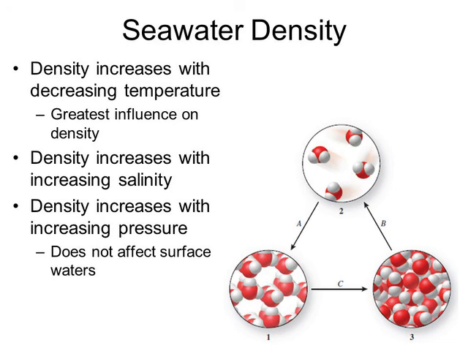And then you can also increase density by increasing pressure. If you push those water molecules closer and closer together, you are increasing your density as well. Now this only happens at depth. It doesn't occur at the surface, because at the surface you just have normal 1 atmosphere of pressure, and that doesn't affect the density of seawater.